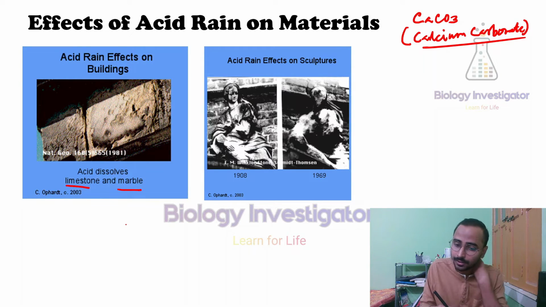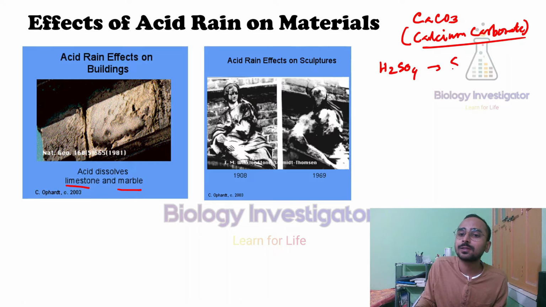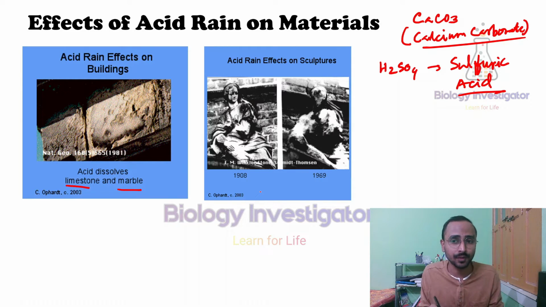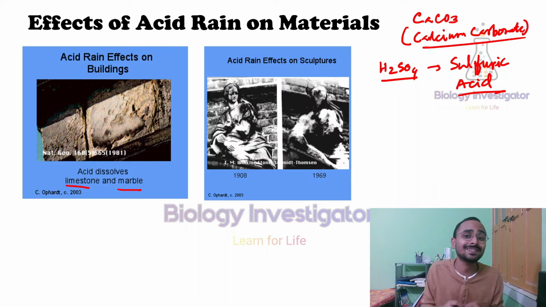And we have seen that acid rain contains H2SO4, that is sulfuric acid. So sulfuric acid, in the form of acid rain, will come in contact with calcium carbonate, because calcium carbonate is the component of these buildings, which are made up of limestone and marbles.